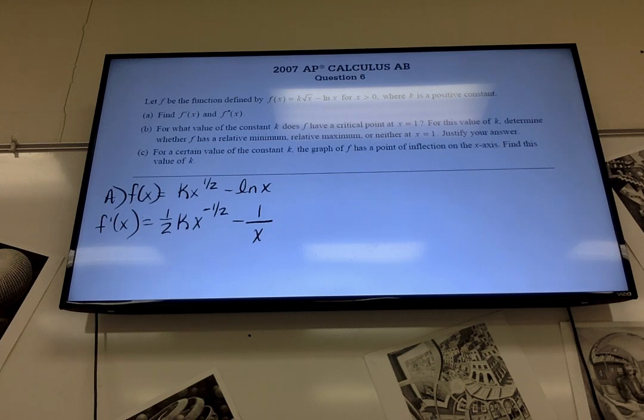Now, I can't have a negative exponent. You have to have positive. So I can rewrite it as kx over 2x to the 1/2. And it's fine to leave it like that.